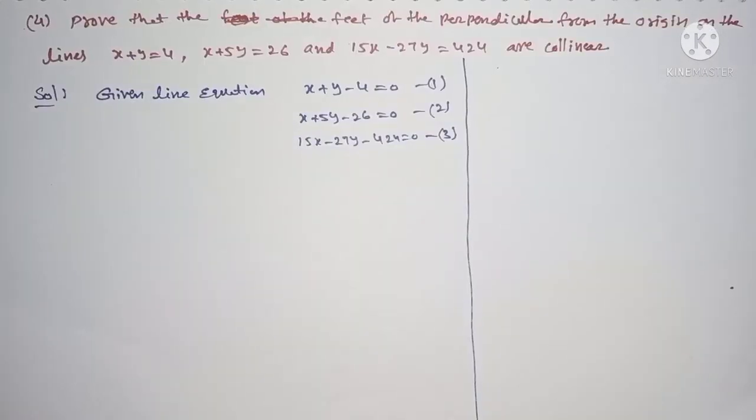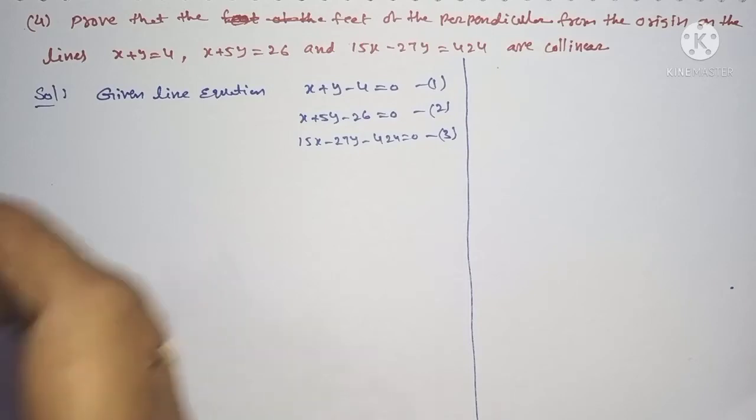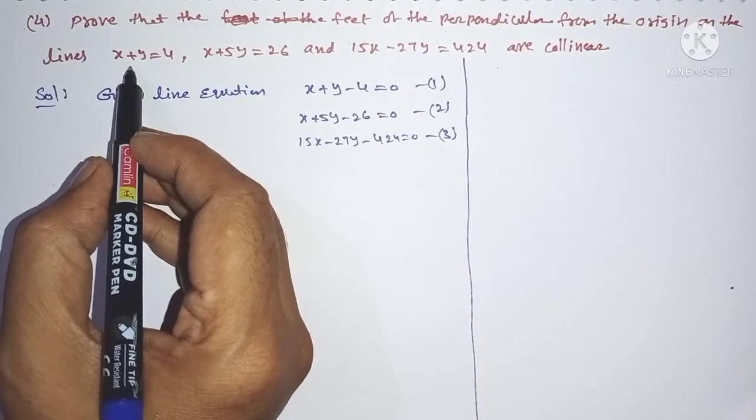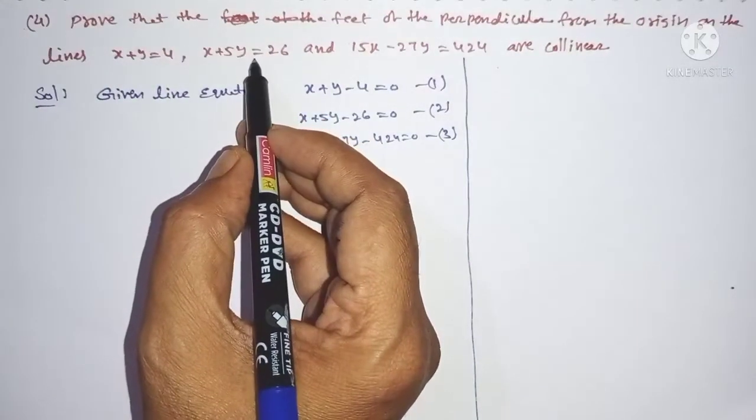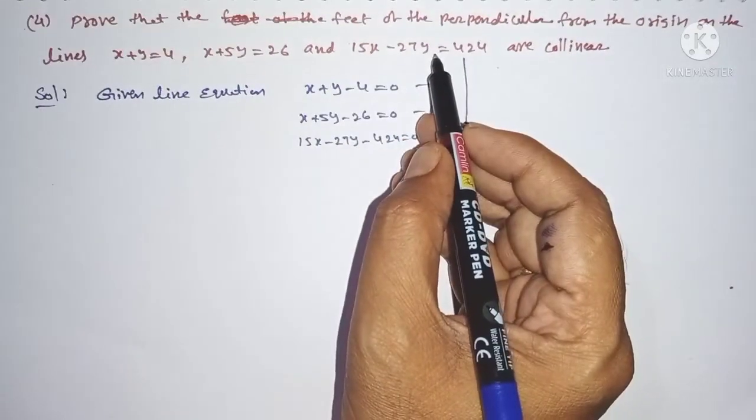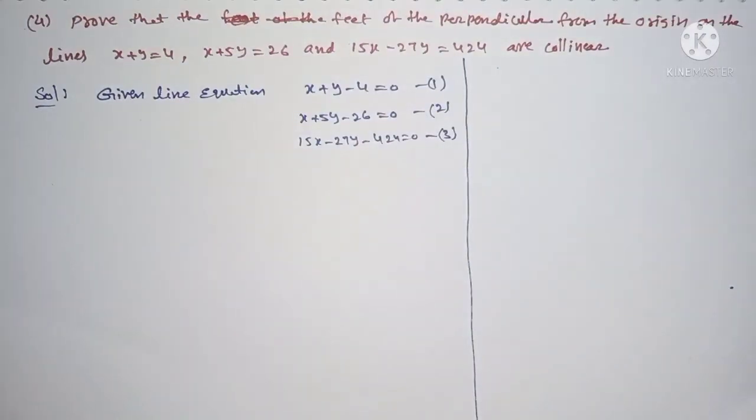Okay, the next question is very interesting. Prove that the foot of perpendicular from the origin on the lines are collinear. Take the foot of perpendicular from O, 0 0, to the first line, 0 0 to the second line and 0 0 to the third line. You get the foot of perpendicular points, that is, you are getting 3 points here, a triangle only.